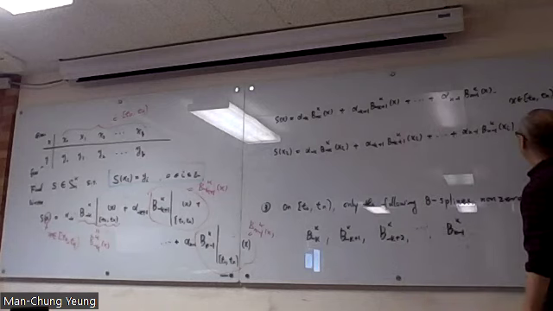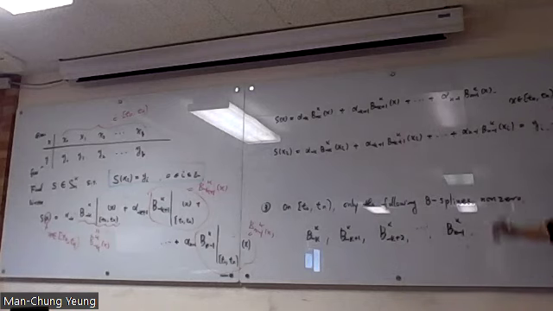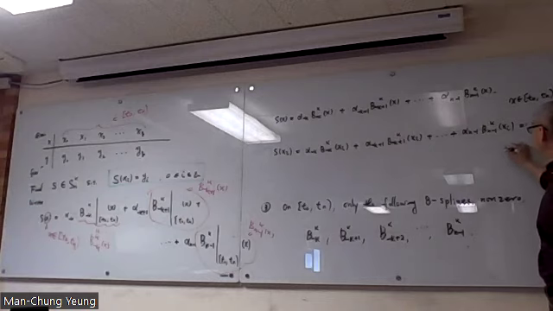This should be equal to y_i. Okay, y_i. What is i? i is between 0 and q.